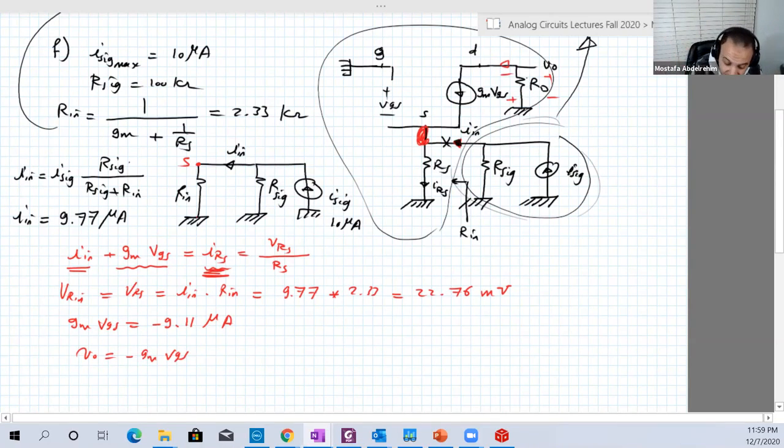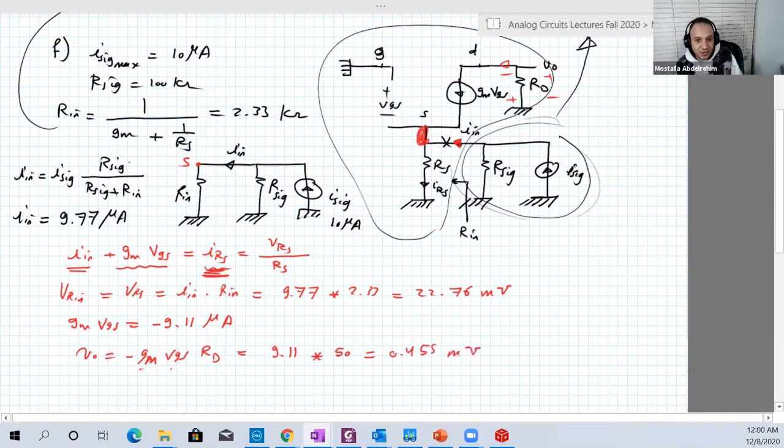So the output is equal to minus GM VGS multiplied by RD, the drain resistance, which we determined in part B. GM VGS is minus 9.11 microamperes, multiplied by RD, which is 50 kilo ohms. This will give you 0.455 millivolt. Okay, guys. So this was basically the last requirement in the last question in this exam.